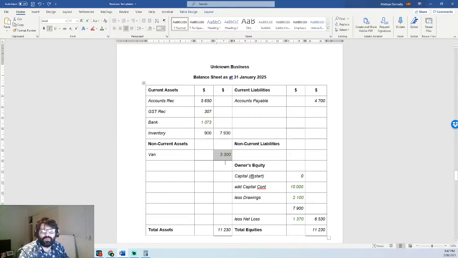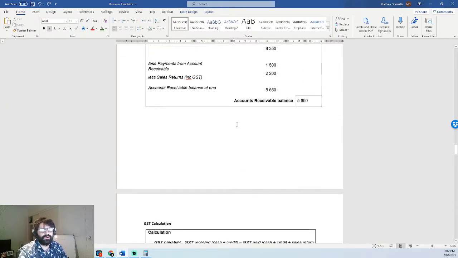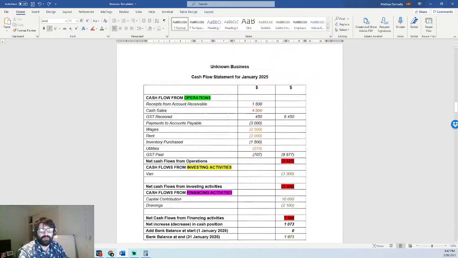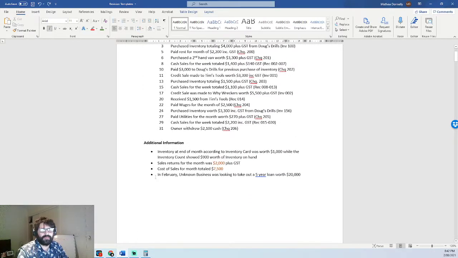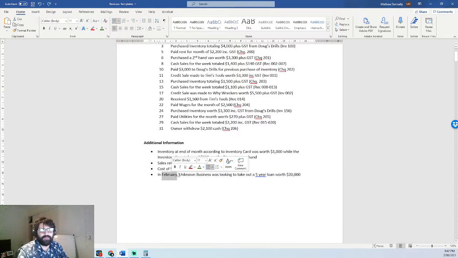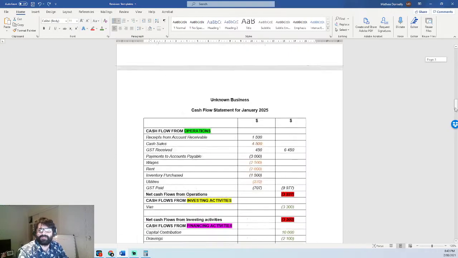So that's where that all fits in, and we only owe this much. Now, the reason we didn't include the loan was because that's for February. If you remember the loan right up the top, we see the loan and we go in February. We don't care about February stuff for January.